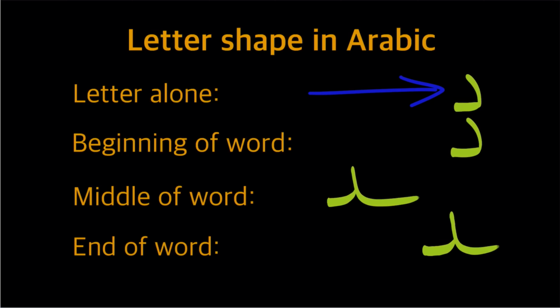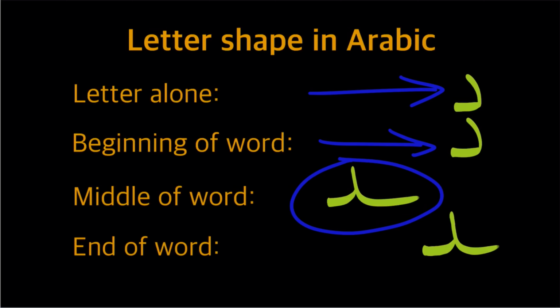This is how we write the dal letter or da letter when it is alone. If it is at the beginning of a word, it looks alone. If it is in the middle of a word, it is connected to a letter before.